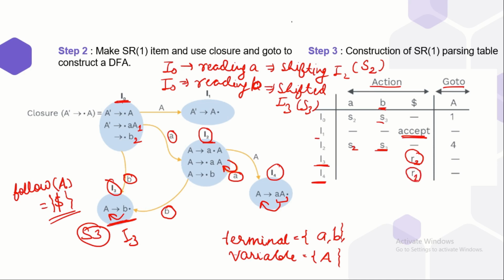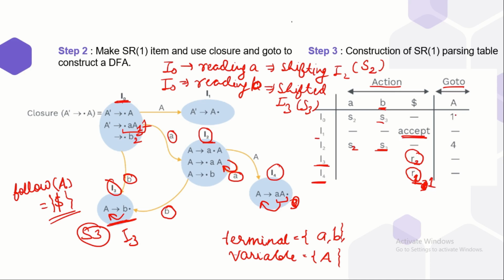And why have we written 1? Because this was our first production. That's why we have written R1 over here. If this was our third production, then we would have written R3. Okay, you got the point. Since it is the first production, we are writing R1 here.